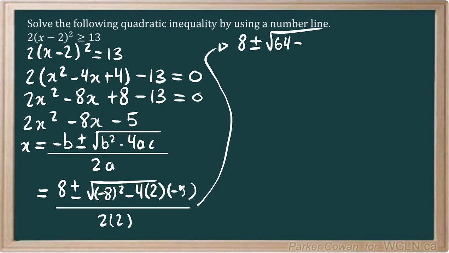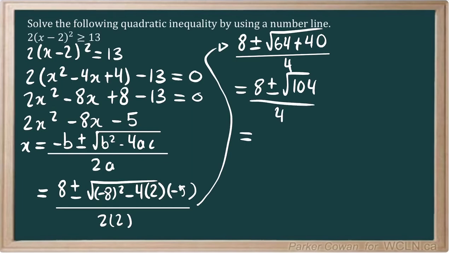And so that's going to actually end up being positive 40. And then we have just 2 times 2, which is 4. Okay, so we continue on here. 64 plus 40 will give us 104.